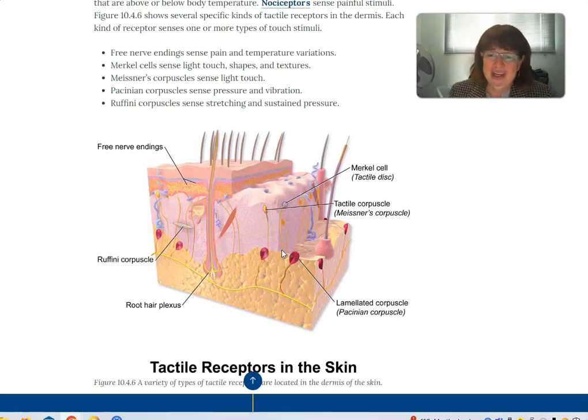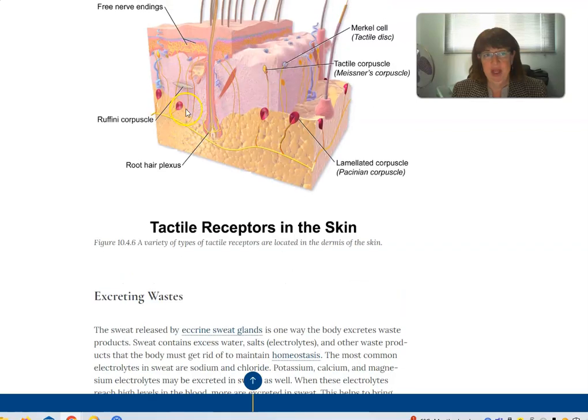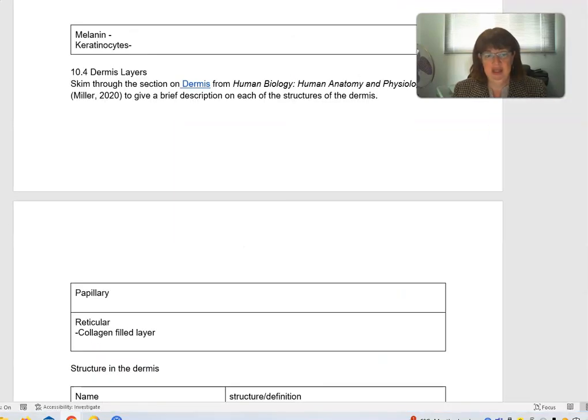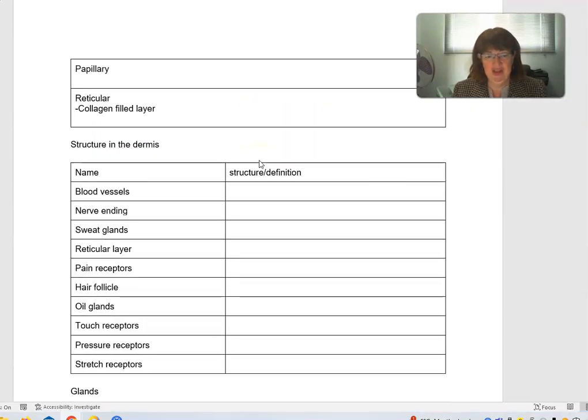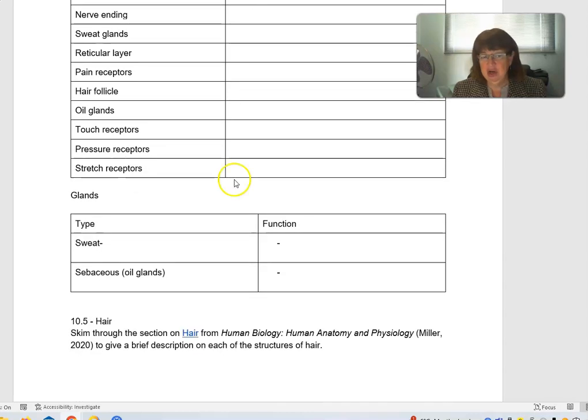Basically, I want you to know that it's the dermis that has the receptors, and we have receptors for touch, pressure, and pain. Good. We have stretch receptors.